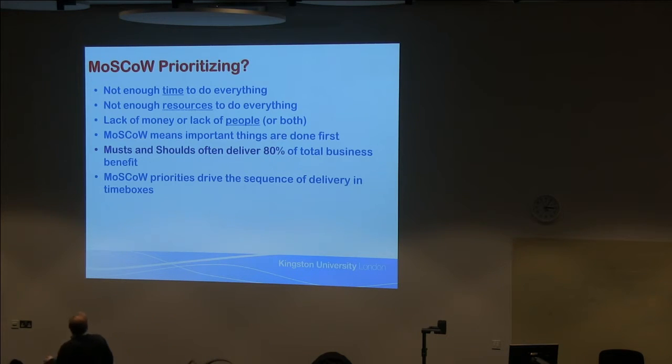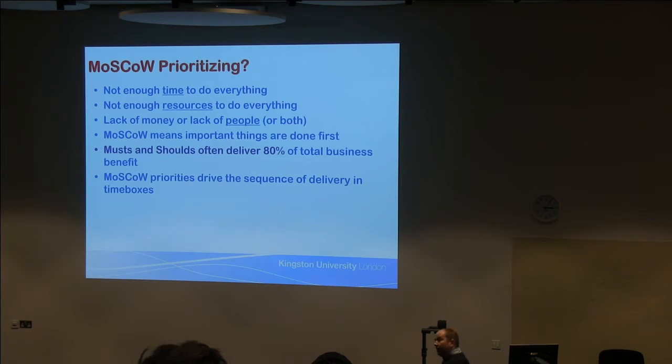Strictly speaking, musts and shoulds will usually deliver 80% of the proposed benefit of the system. And there's something called the 80-20 rule that stipulates 80% of the effort takes as much time as the remaining 20% to finish off. 80% is often good enough.